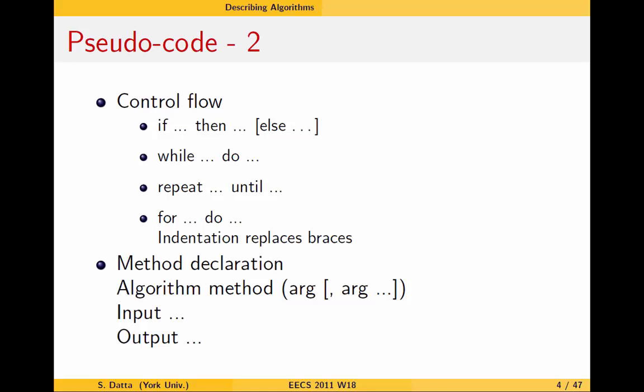But by nature, pseudocode is not supposed to have a whole lot of rules. Otherwise, we might as well just write Java, right? So we assume we are allowed these simple constructs that every programming language has, right? So if-thens, whiles, repeats, fors, etc. Depending on the convention, we can use indentation, we can use braces.